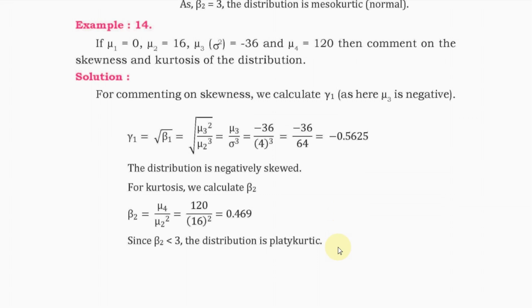The second measure is dispersion. Dispersion checks the variability of the given distribution or data, and it also tells us the reliability of the central tendency obtained from that data.